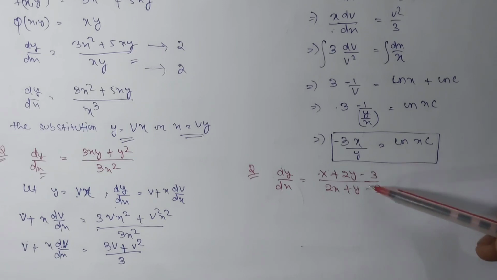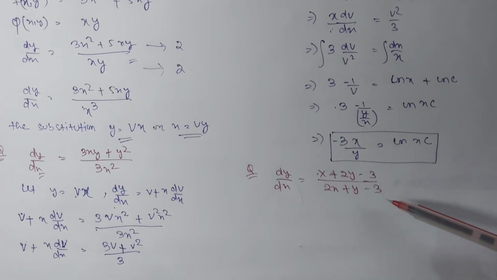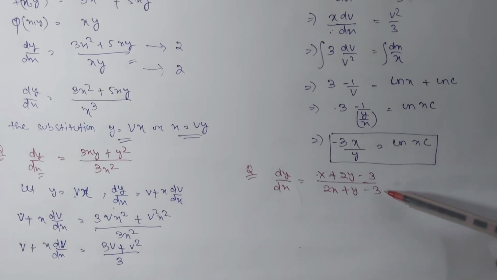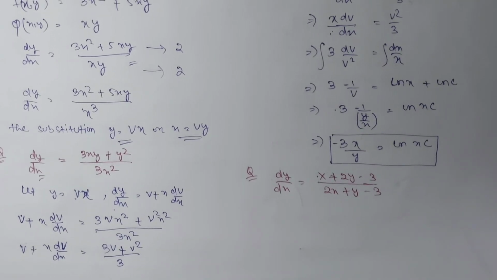Other than the constant, all terms have power 1, and the lower side function also has power 1, but there is also a constant. So this is not an exact homogeneous differential equation, but we can still solve it by reducing it to a homogeneous differential equation. Let's see how we can do this.